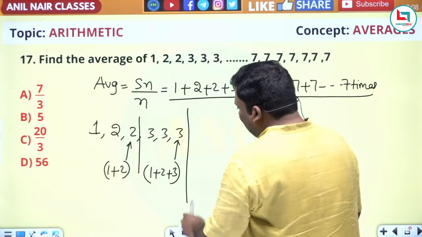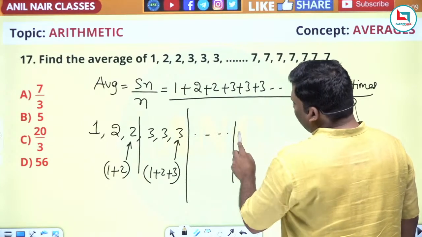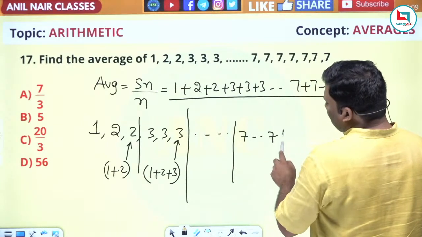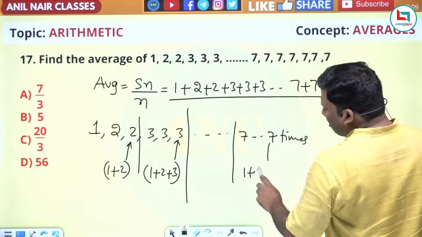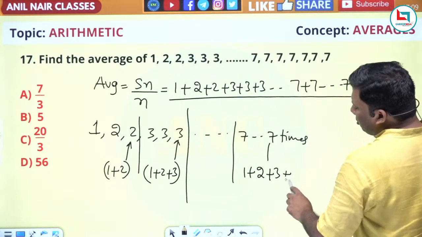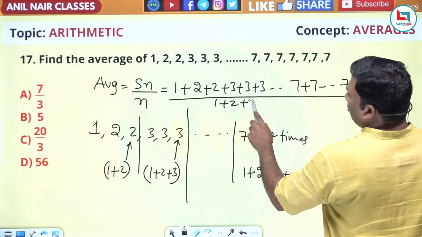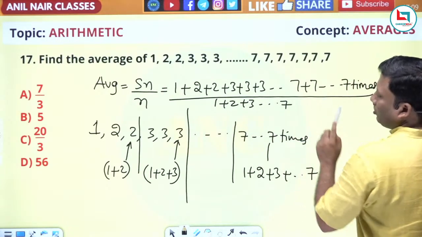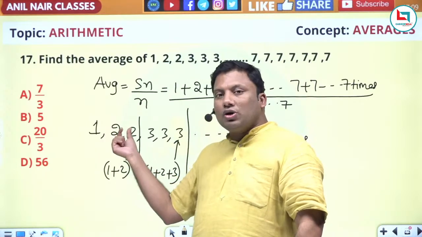Am I right? That means if 7 is written 7 times, what will be the last term? It is 1 plus 2 plus 3 and so on up to 7. Are you all clear? 1, 2, 2.